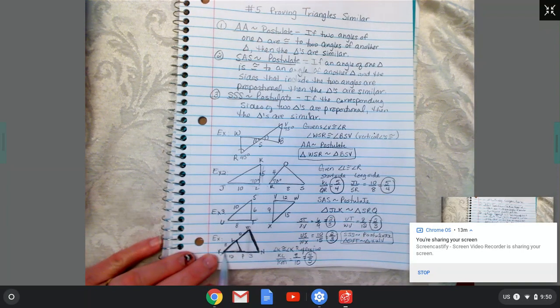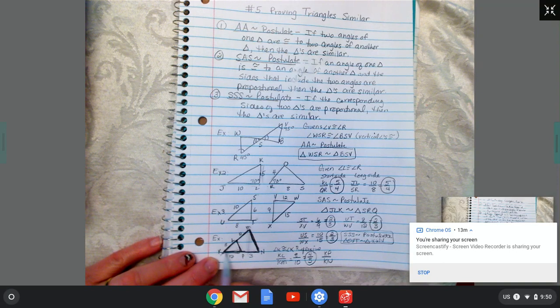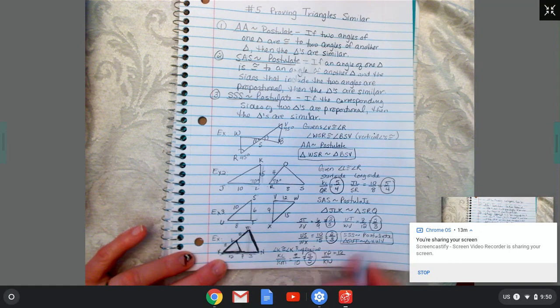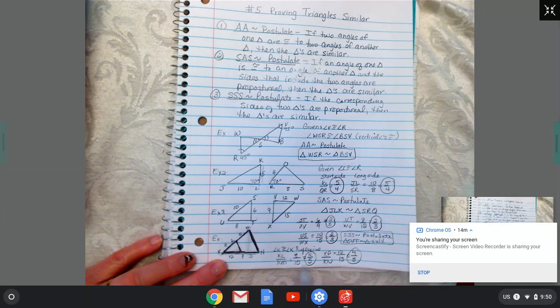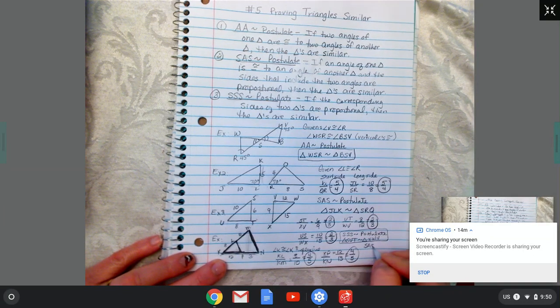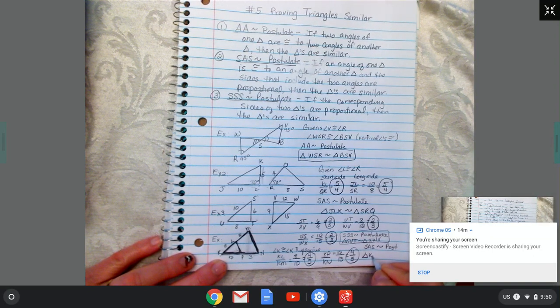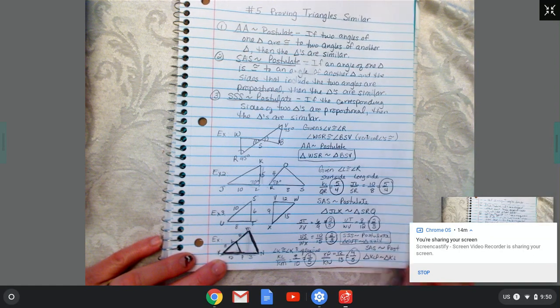Then on this side I have KP going with KN. That's the small side of the triangle and the big side. The small side has 12, and the big side is both of these together. If I divide those both by 3, it looks like I have the side angle side similarity postulate. So triangle KLP is similar to triangle KMN.